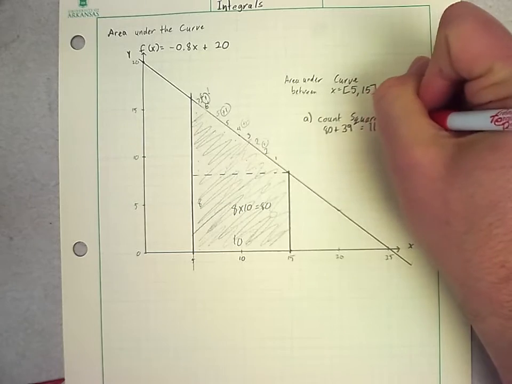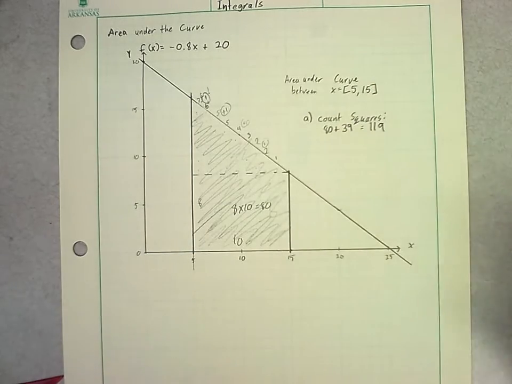So I would say that's 119 is the area. And this doesn't really have units, it's just however many squares. Maybe we're saying they're all 1 inch, so it might be 119 square inches, but mainly it's just 119 whatever the units are.